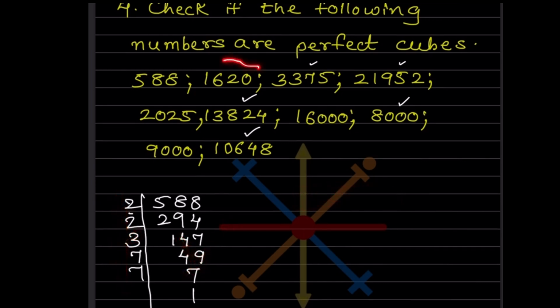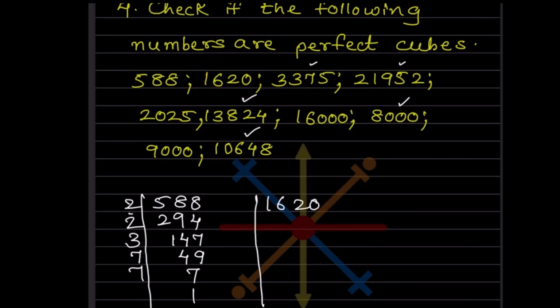Again you will just check for this one, 1620. We'll just do it up here, so that is going to be better. So here will be 2 8s are. Here we'll put here, and this is going to be 10. So now again here 2 4s are, and this is going to be 5.